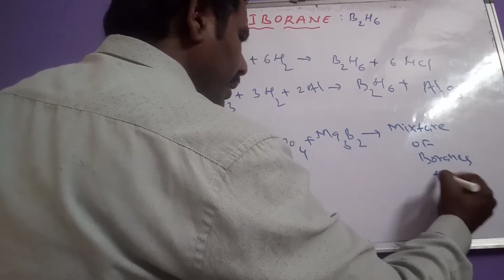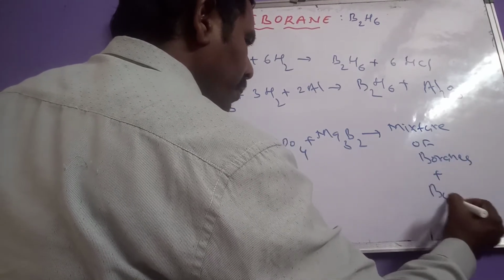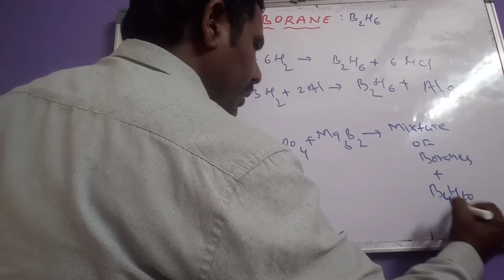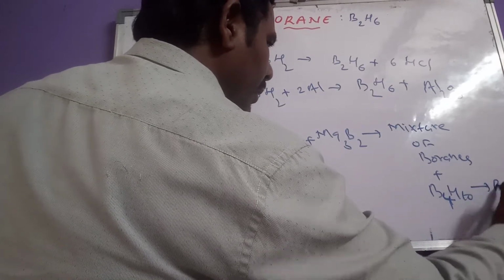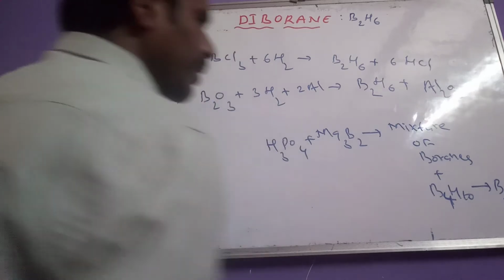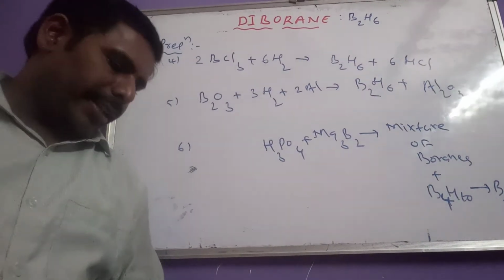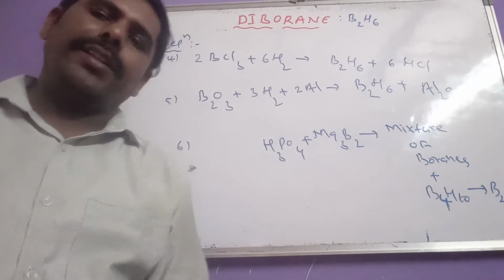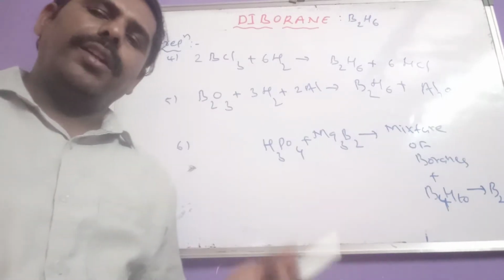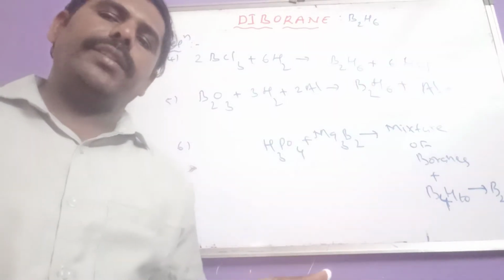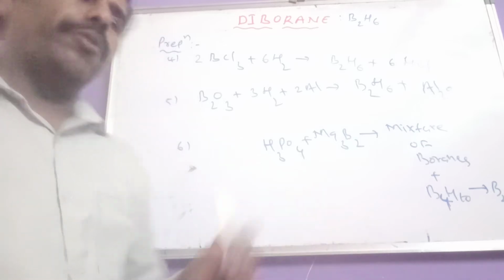In this, the major product is B4H10. This on heating produces B2H6. So these are the different methods for the preparation of diborane. So in total 6 different methods are there to prepare diborane.